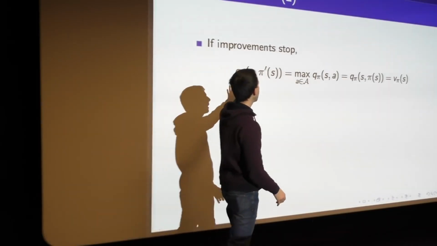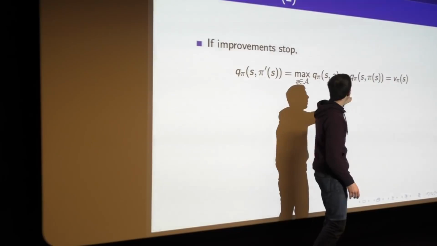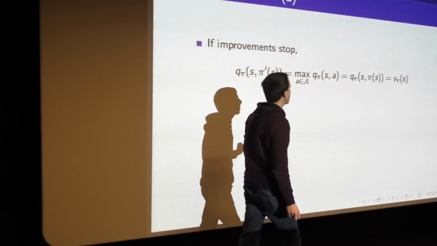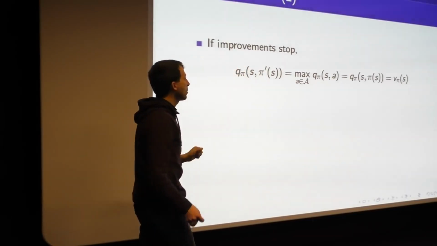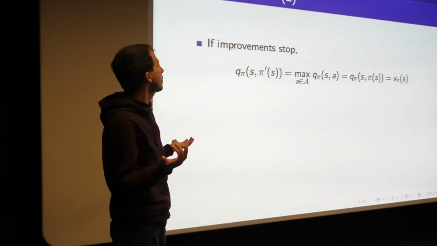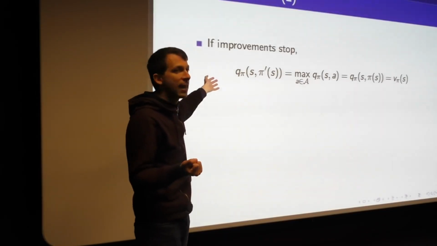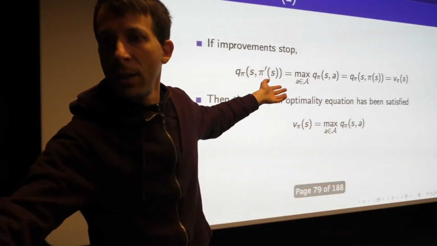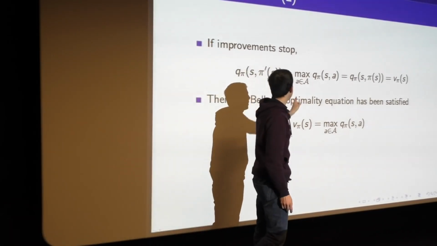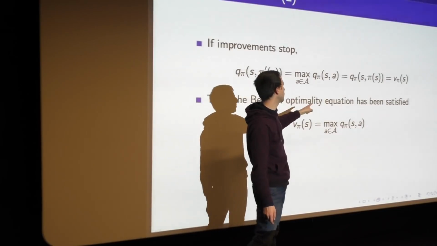So we're just going to plug in. It's the same equation we had before, but now we're going to plug in equality instead of this less than or equals. And we want to know, well, what do we know about this? And the good news is that if improvement stopped, then we've just written out the Bellman equation. In other words, if this thing is satisfied, then we have satisfied the Bellman optimality equation.